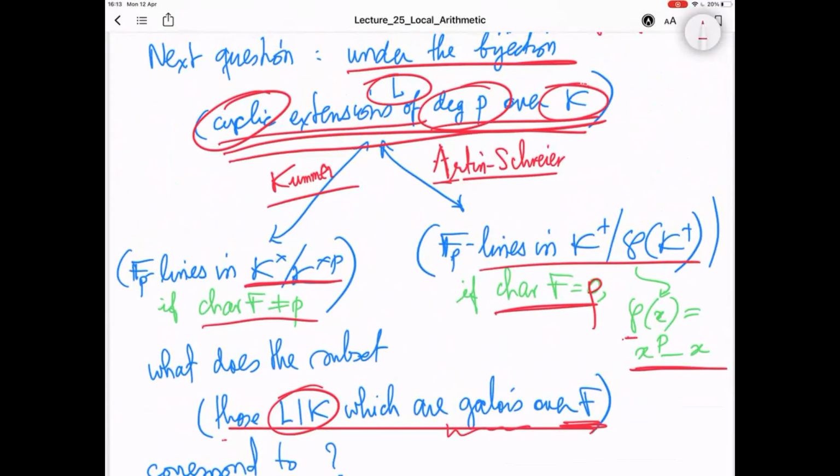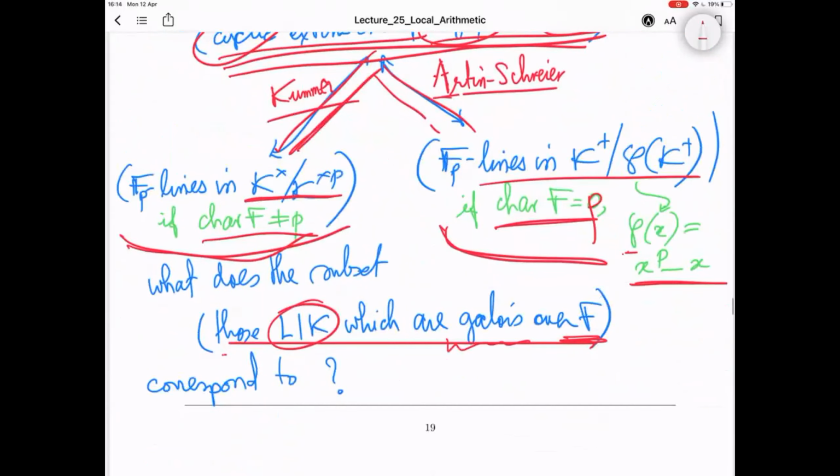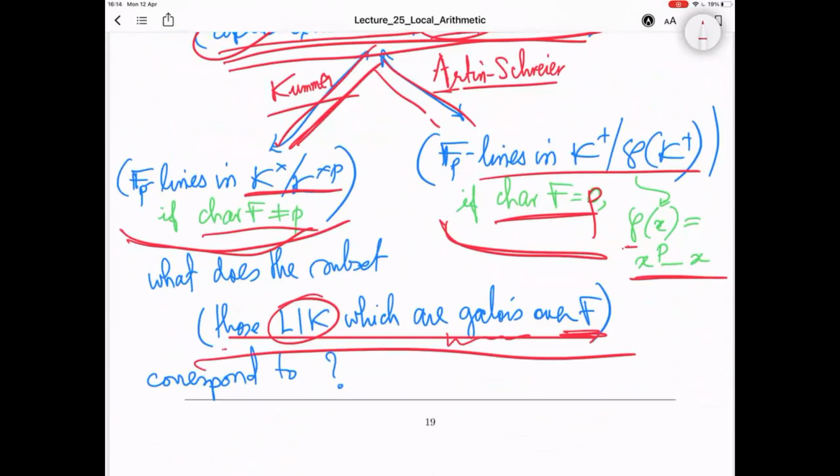And the whole set is in bijection with this or with this. So what does the subset correspond to in this or this? I mean, we have to specify the subset here and the subset here, which corresponds to this subset over here, right?